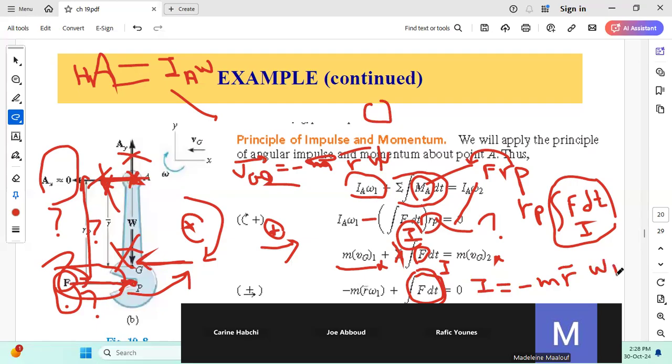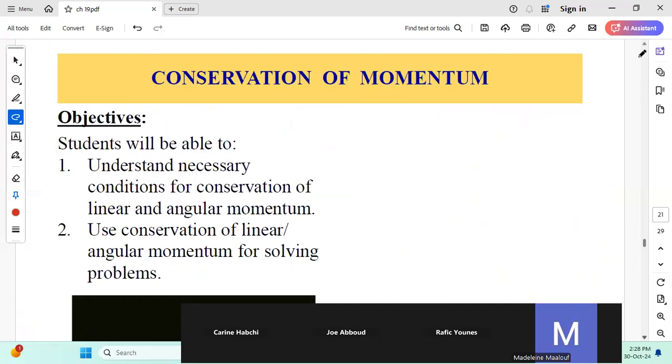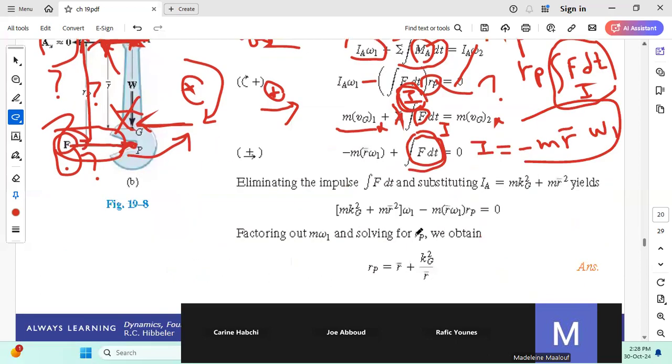Okay. So now, if I go back to my previous equation and I replace the linear impulse by minus m r bar omega 1, I can take omega 1 as a common factor. I will have first the inertia about A. In order to calculate it, you need to apply the parallel axis theorem.